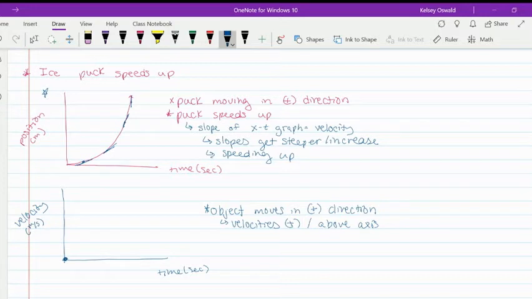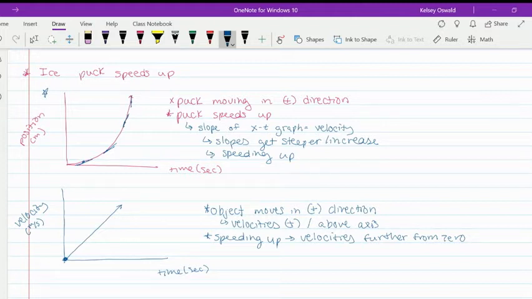And as time goes on, our velocities increase. They get more and more positive. So we're going to show that with a nice linear line with a positive slope. Since our object is speeding up, our velocities get further from zero. So our velocities increase as time goes on because our object is speeding up.